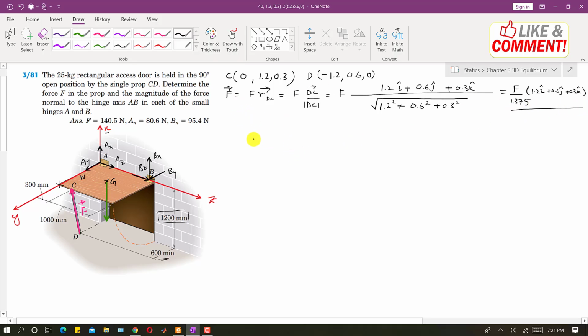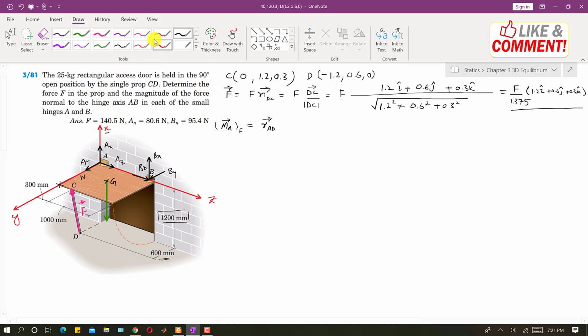Then we will find the moment of this force at point A, right? So we will find the moment due to this force at point A. First we will have a moment arm for this force, so we can consider RAD as the moment arm for this force.